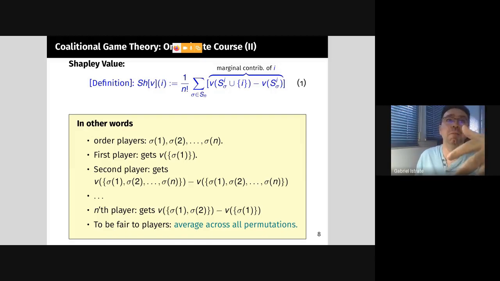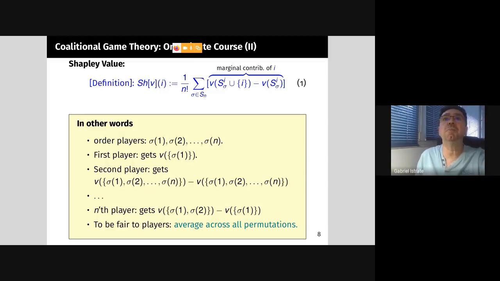And the last player basically pays how much the grand coalition would pay minus how much the players without this player would pay. Of course, now, if you're taking such a scenario, the last one has an advantage because presumably by the time he got there, the price already went down. So he's going to pay less. So this is not fair.